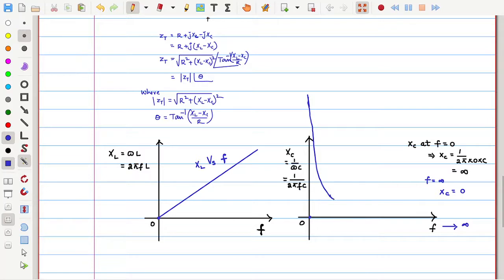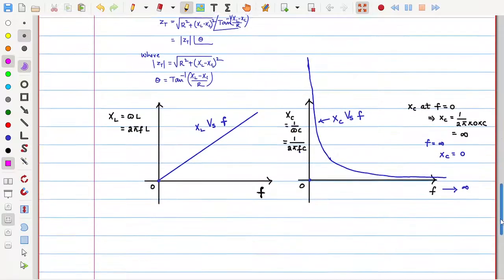That means this goes to 0 when frequency goes to infinite. So this is the curve corresponding to Xc versus frequency. So these are the individual reactances, XL and Xc.